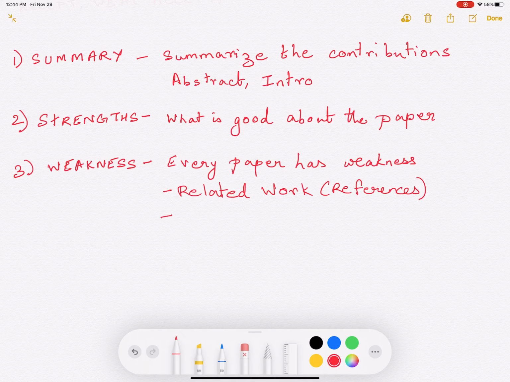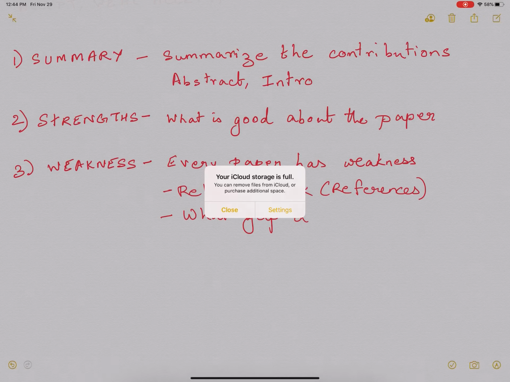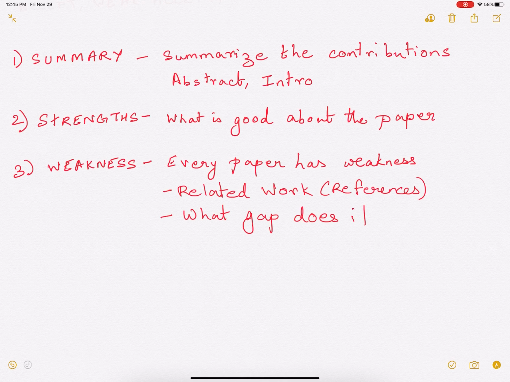Then it is important to understand what void or what gap this paper fills. Now, it may not be clear what gap a paper actually fills.